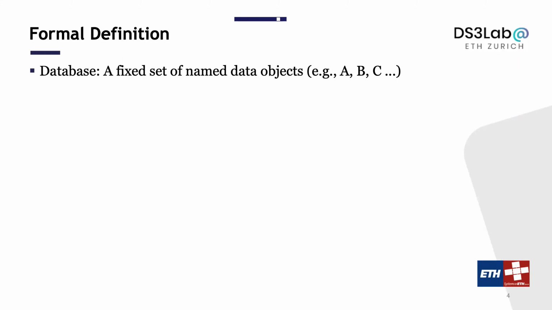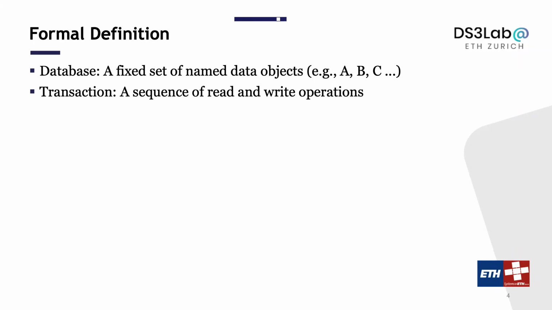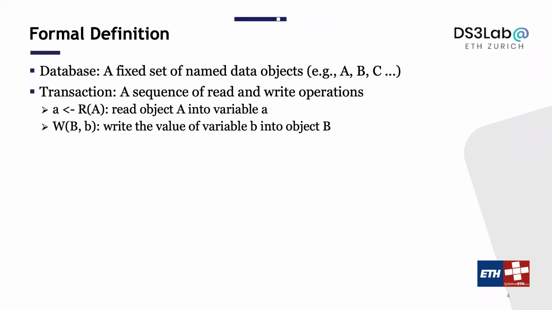We think about the database as a whole bunch of objects with names, A, B, C, D. And each transaction, we also abstract away all the SQL queries. We treat each transaction as a sequence of read and write operations. You can read a database object, bring that to a variable A, or you can write it back. So a transaction contains a sequence of those read and write operations.